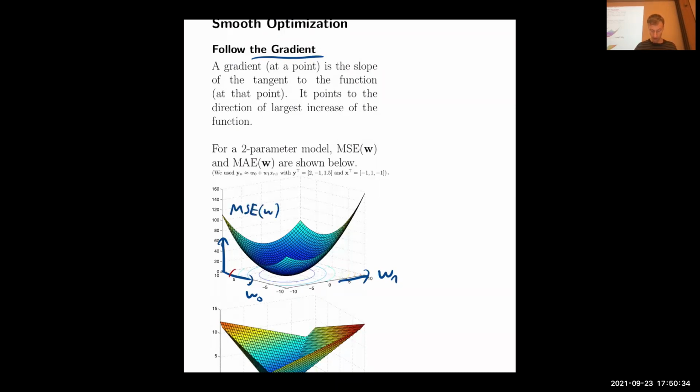And the better method is going to work like this. You are somewhere, you will look at the gradient, which is kind of a tangent plane here. And that's going to tell you in which direction it goes down from where you are. So that's what the gradient tells you. The gradient is just a normal vector of this tangent plane, but in the two-dimensional space where your parameters live.